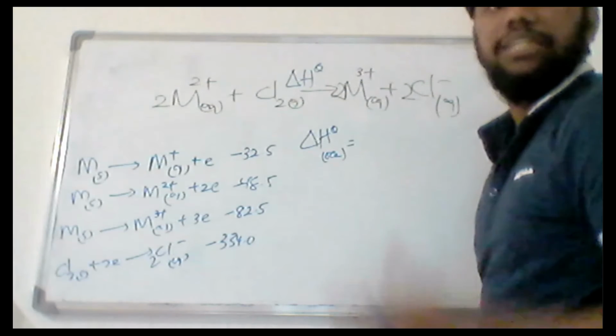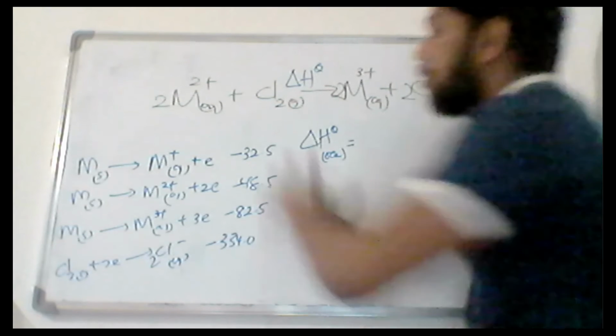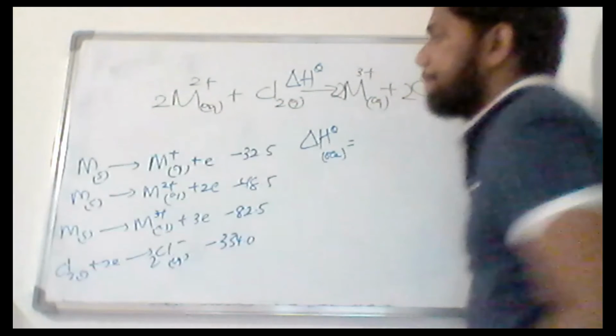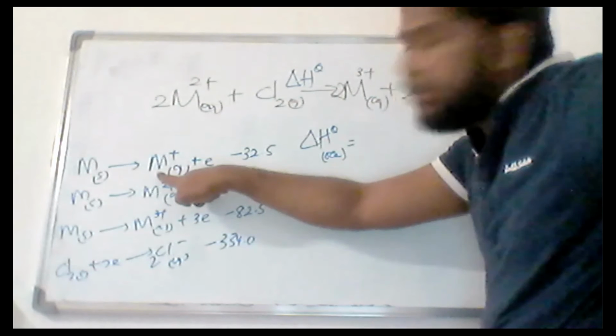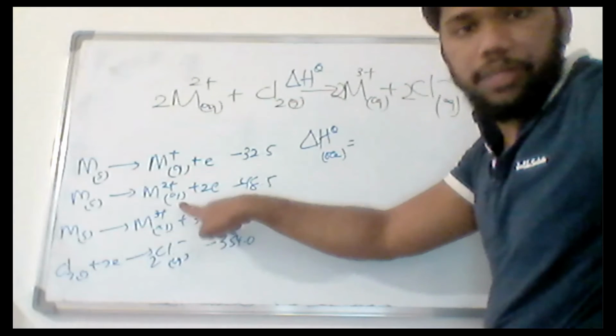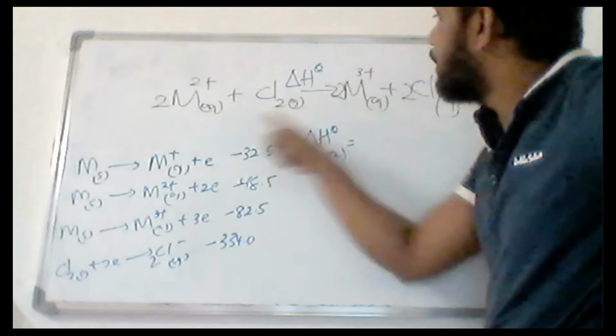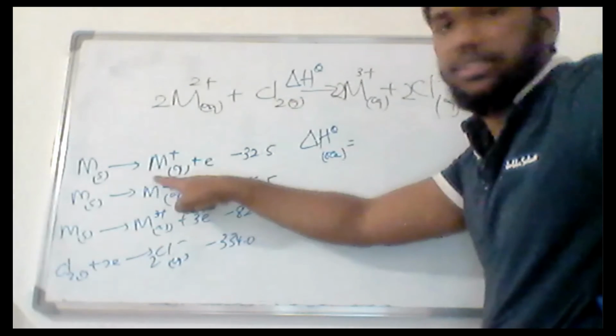We will see whether they have given it or not. According to this data, they have given the oxidation of M+, M2+, and M3+. But in this cell reaction, you don't see M+.